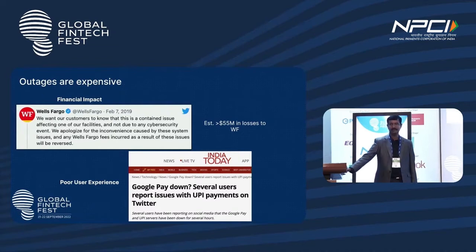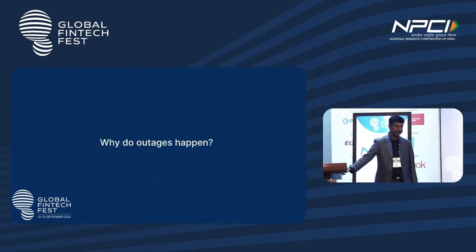You're losing your market share to your competitors. Users are moving away from you. The more outages happen frequently, your users are going to move away from your app to some other platform. So outages are expensive not just in financial matters, but in retaining customers and user experience.